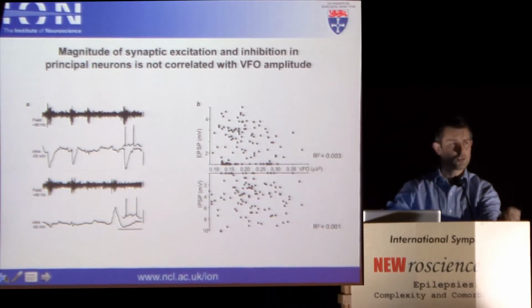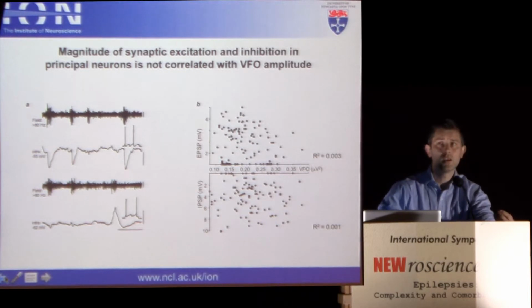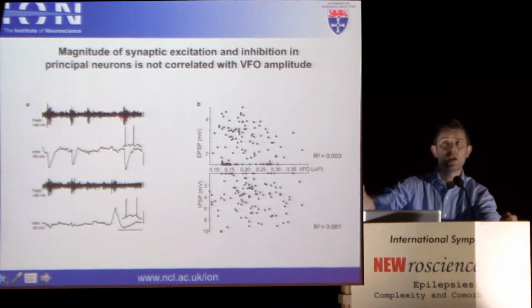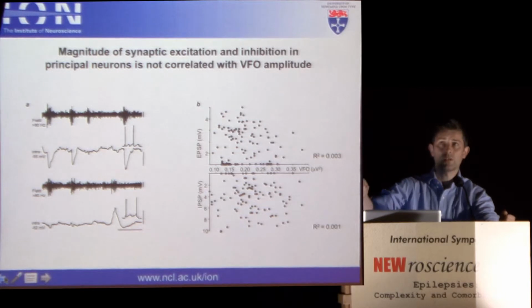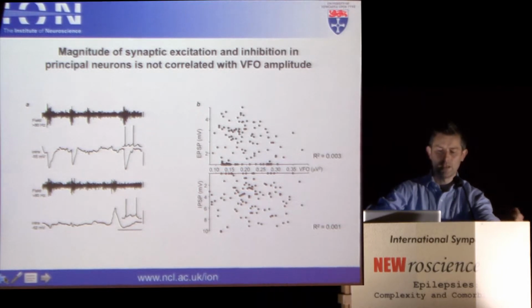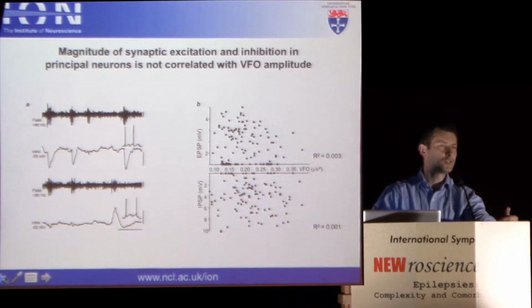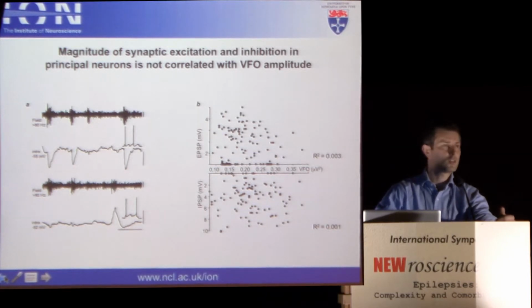So what we do is we use sharp microelectrode recordings to impale individual principal cells in this case, and we can then look at the contribution of either the excitatory postsynaptic potentials or the inhibitory postsynaptic potentials. And really the bottom line here is that the magnitude of synaptic excitation and inhibition onto principal cells is not correlated with the very fast oscillation amplitude.